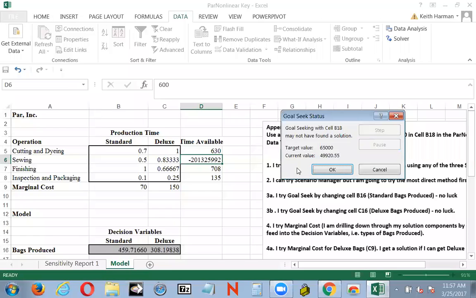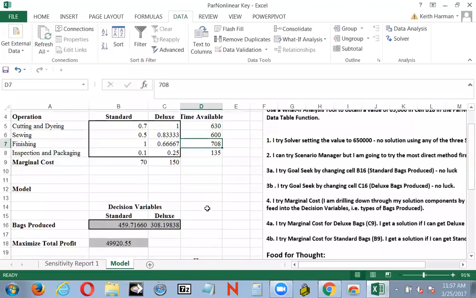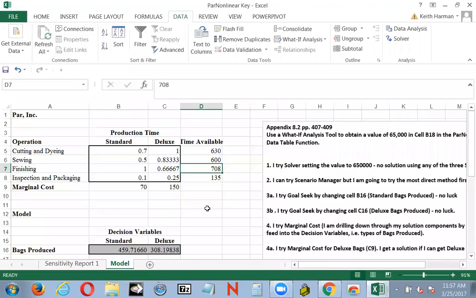Remember now, we're using an evolutionary approach. We're not using solvers. We're not doing anything like that. We'll cancel that out. And so you can see it's unlikely that if we go through the rest of the time available figures, that time available, total time available, that we're not going to be able to do anything.